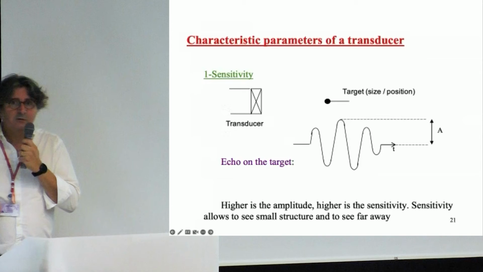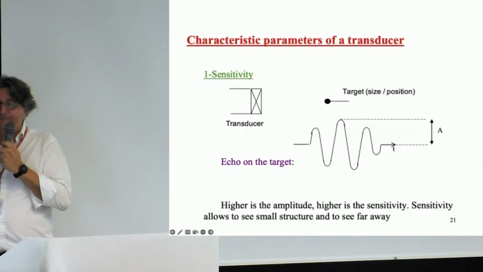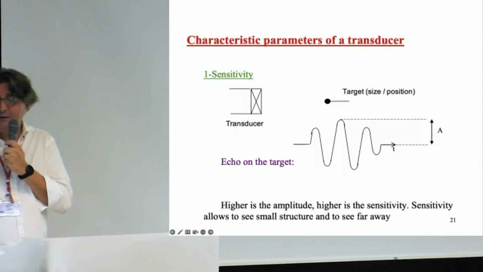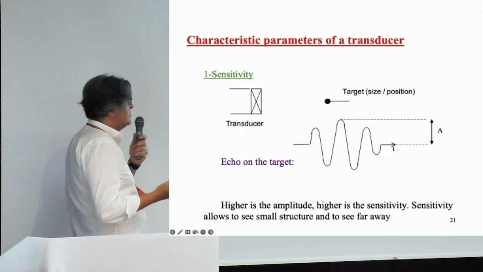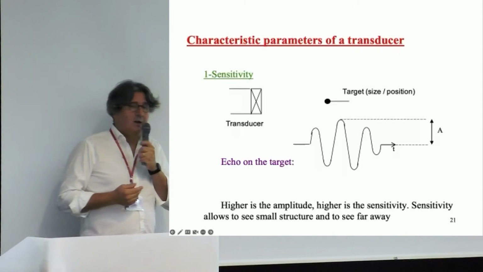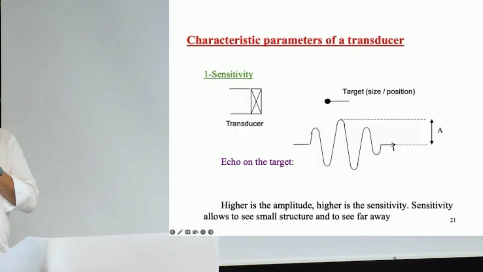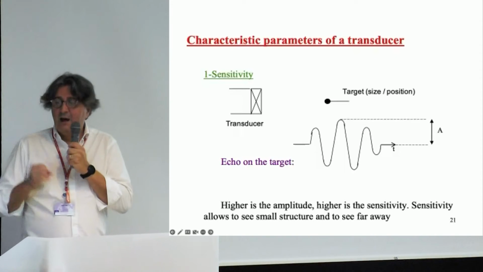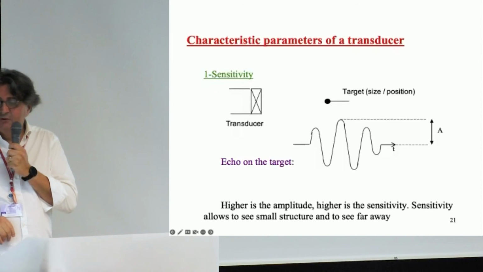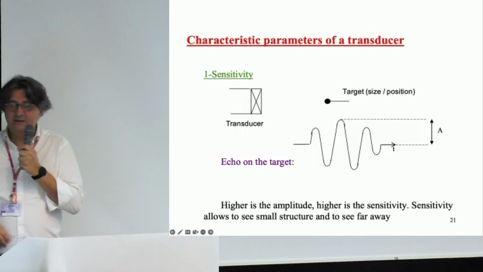So just to clarify what we call the sensitivity, a characteristic parameter of a transducer: if you take a transducer and you have a target, a small target, then you will make an echo on the target, and the amplitude of this echo will give you the sensitivity.